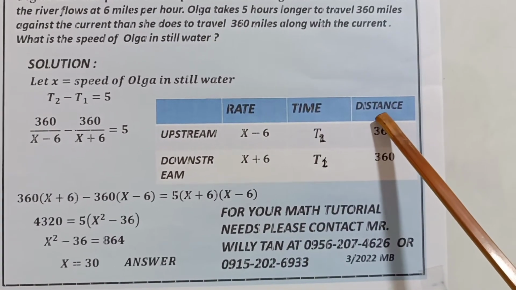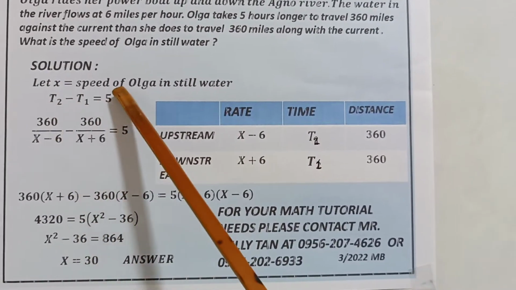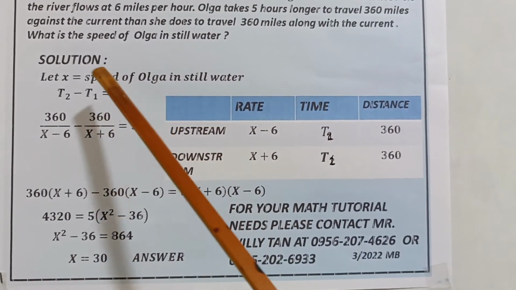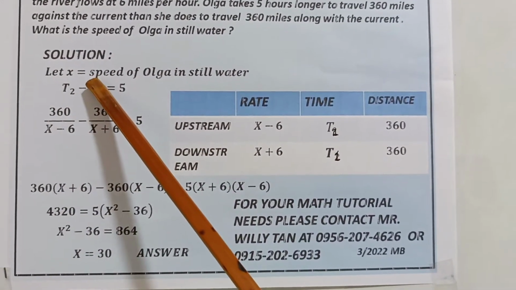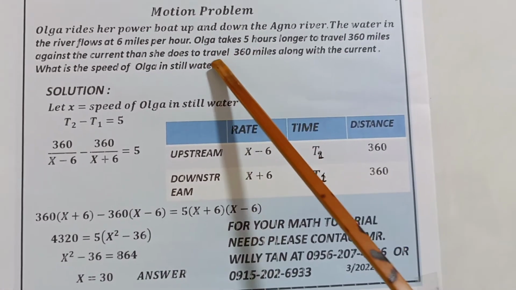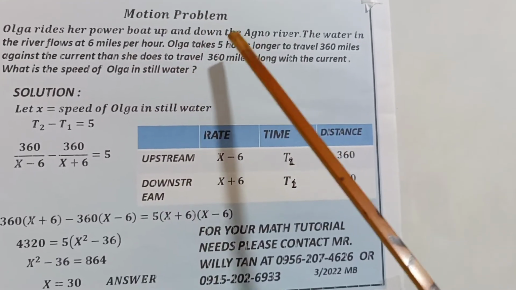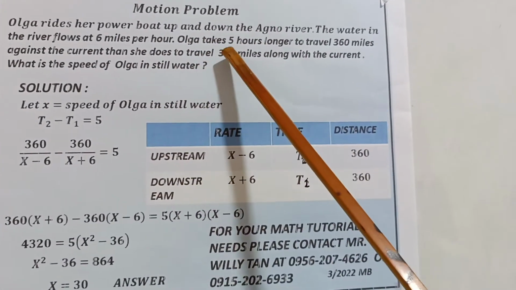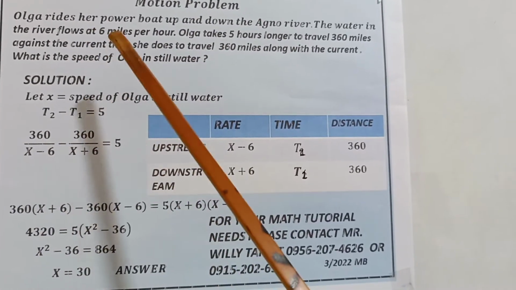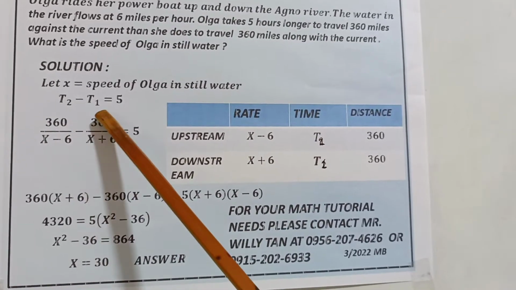If we represent x to be the speed of Olga in still water, and this is our unknown, since the problem states that the difference between the upstream time and the downstream time is equal to 5.